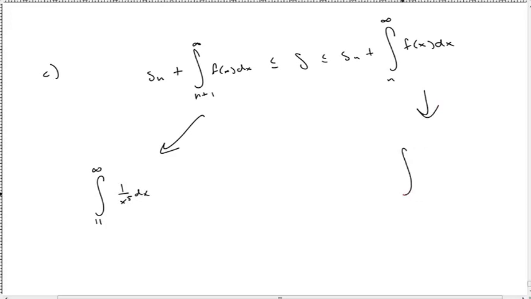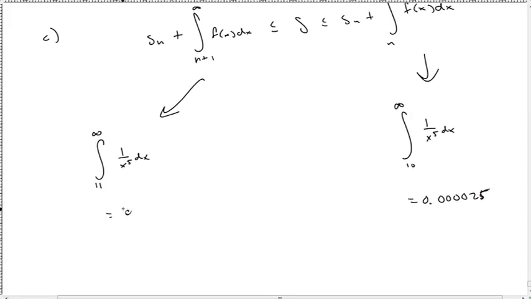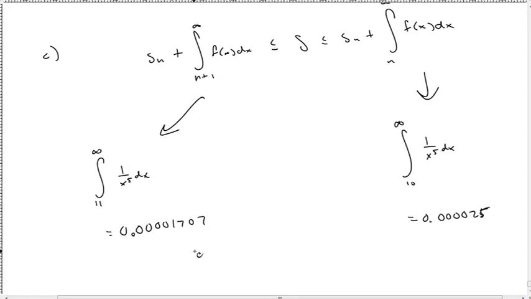And this guy is the integral from 10 to infinity of 1 over x to the 5th dx. You already got this number, 0.0000025. If you do the same math over here on this guy, you get 0.0001707. Okay, cool.